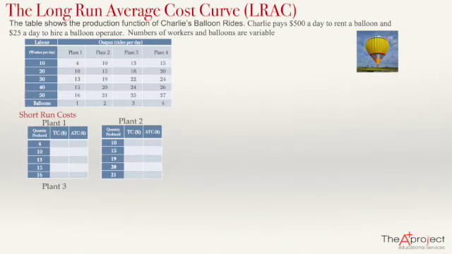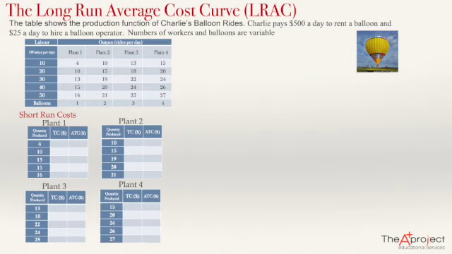Or what happened in plant 3 when we fix the number of balloons at 3 and we just change the number of workers? Or what happened in plant 4 when we are just changing the number of workers? Notice we have here the quantity produced, because in plant 1, when we have 10 workers, we produce 4 rides. When we have 20 workers, we produce 10 rides, etc.